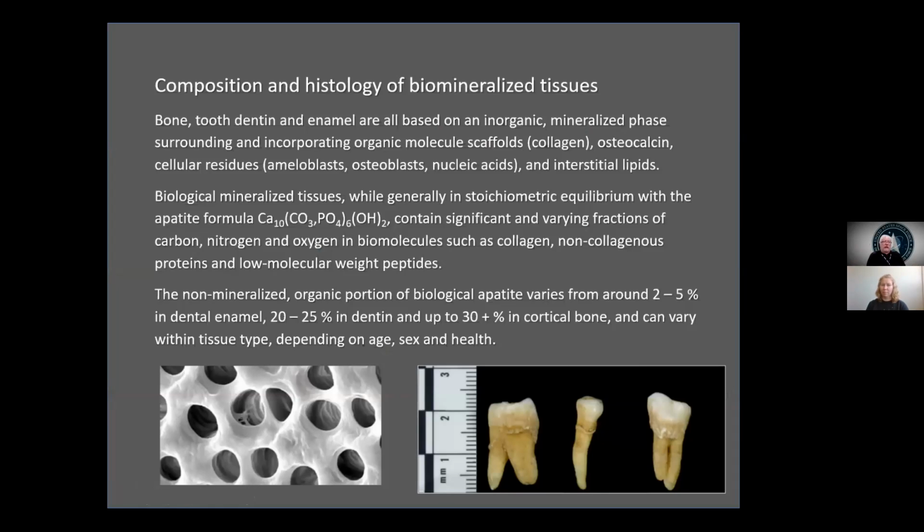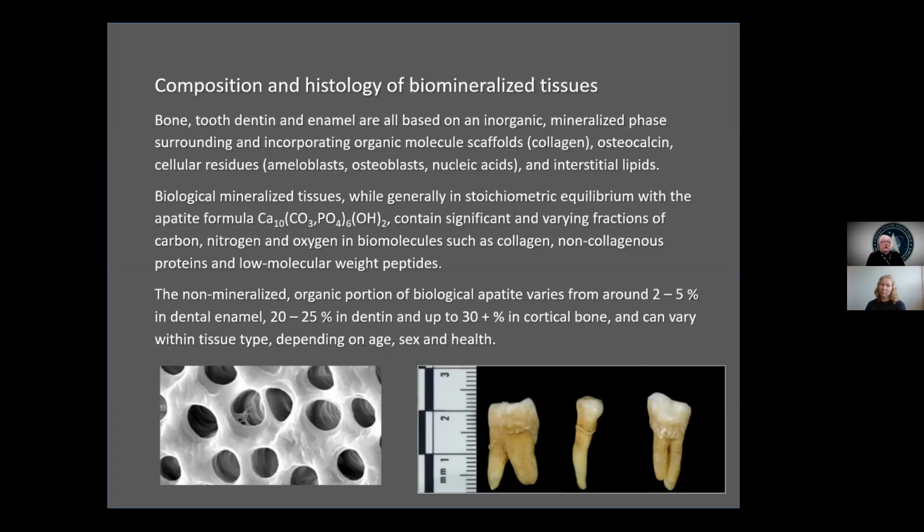And we also have in teeth the remnant of the first formation of the tooth, which is this collagen scaffold, or framework, around which the tooth mineralizes. And collagen is a rubbery material that subsequently becomes locked in by mineralization.